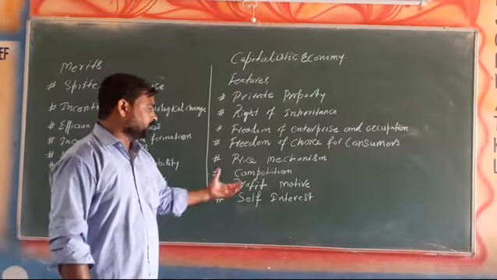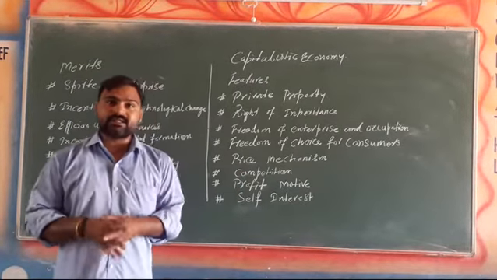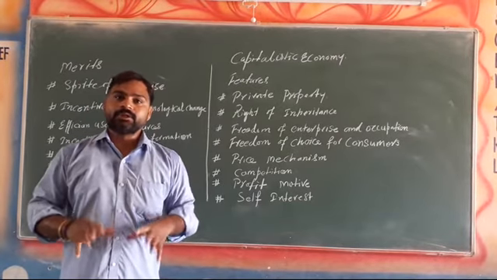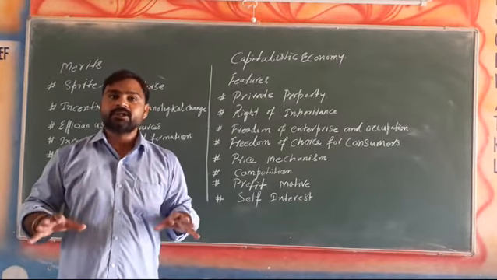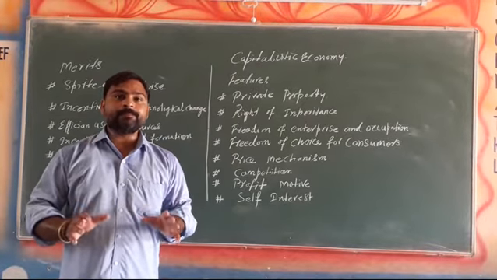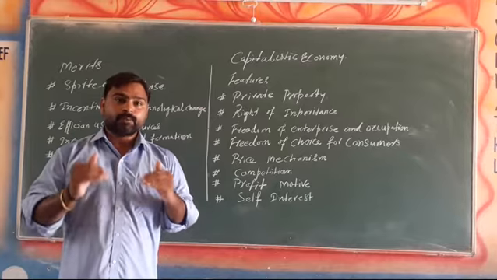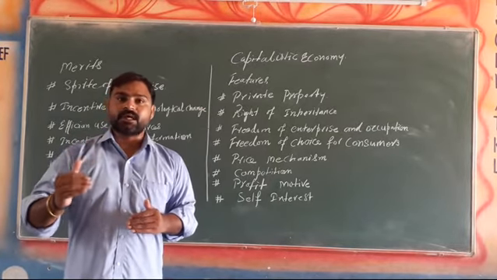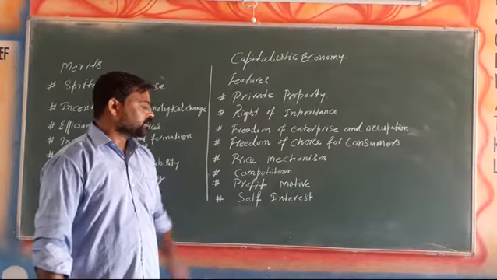Another one is profit motive. In a capitalistic economy, all the producers or individuals produce goods and services to earn profit. Means the producer aims to earn profit by the production of goods and services, by the sales of goods and services. And the last one is self-interest.